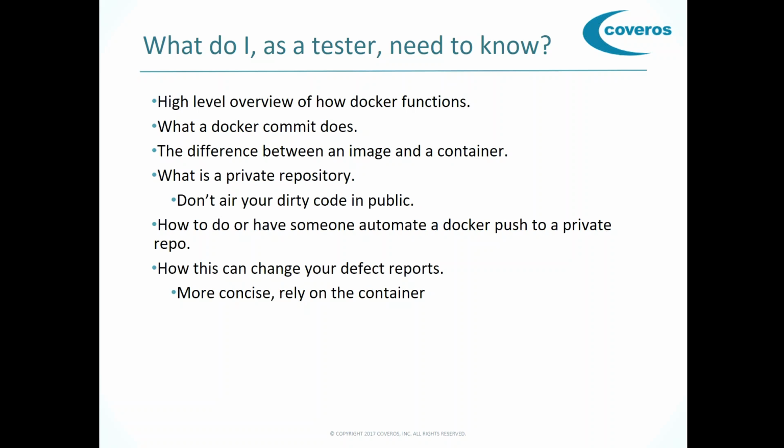You don't want all your failures aired in public, especially if you're an organization that's doing something critical. And how you automate pushes to the private repository so you can capture all this state, or how to have somebody do it for you at a really high level. And as a tester, also how to change your defect reports to be more concise and to rely on the container.